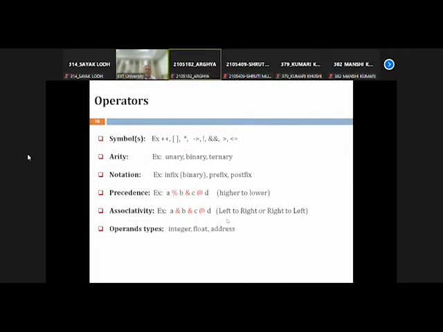And finally, the type of the operands on which the operator will operate. Suppose I have addition operations. Does it take only integer? Does it take float plus float? Does it take a character plus integer? And does it take an address plus integer?